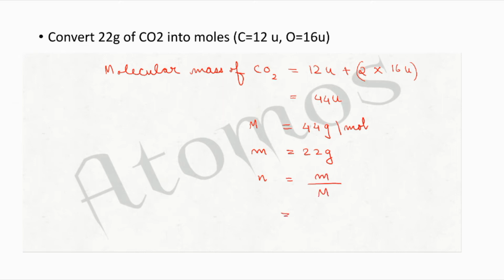So that is 22 gram divided by 44 gram per mole we will write. This gram cancels, and what will be the answer? You will be getting 1 by 2 or 0.5 mole as the answer. Correct? See, the difficult concept of mole is becoming easy, right?